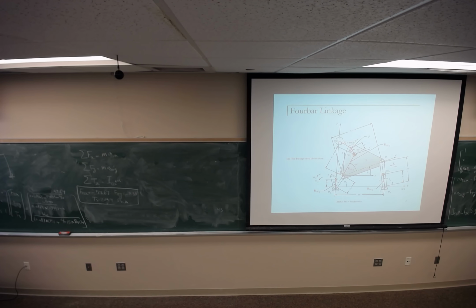I assume that the center of gravity for link 2 is right here, for link 3 is right there, and for link 4 is at the middle of link 4. This is R2, R3, and R4. Theta 2, theta 3, theta 4.